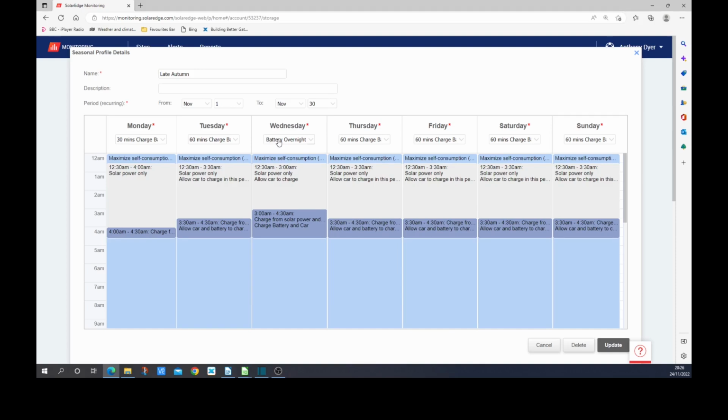Now, which one I choose depends on what the state of charge is at the beginning of the cheap overnight period. If it's a low state of charge, below 20% or so, I want to use a longer charging period, such as 90 minutes or 60 minutes. It also depends on what the weather for the following day is going to be.